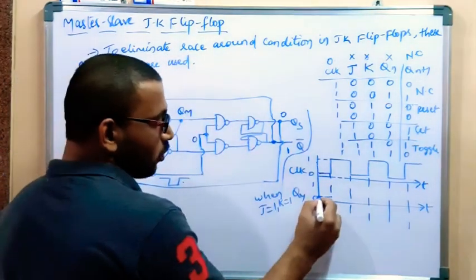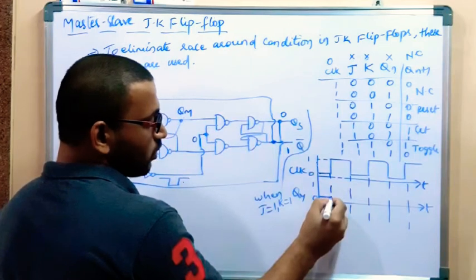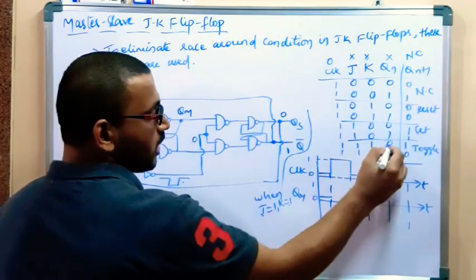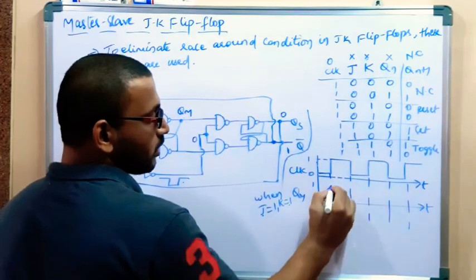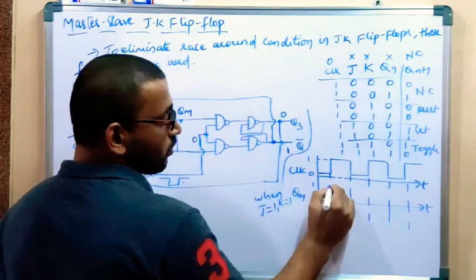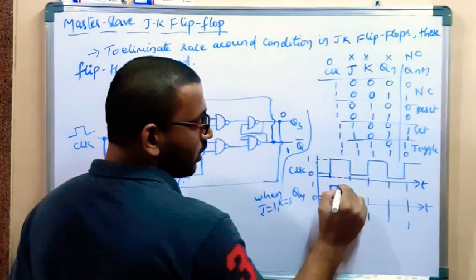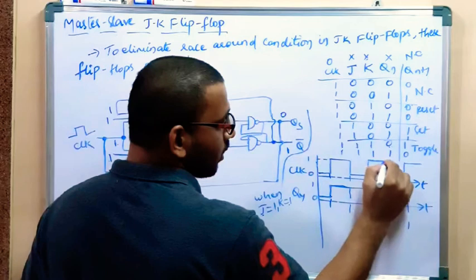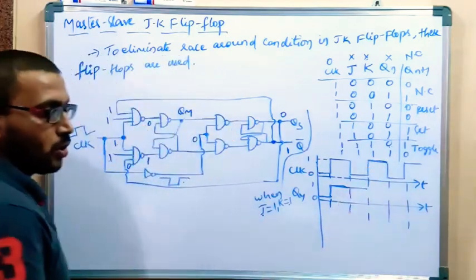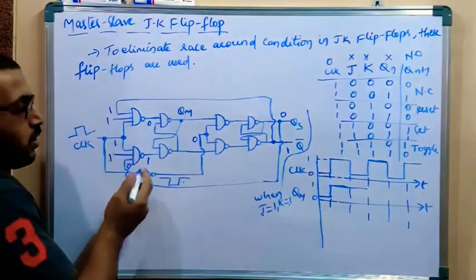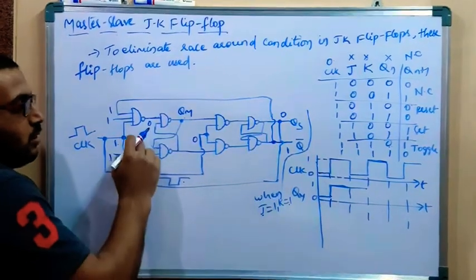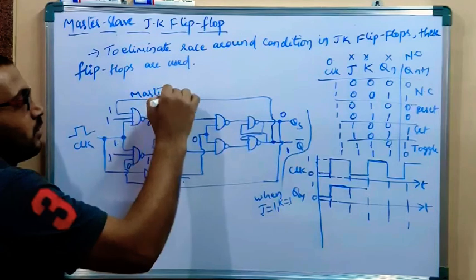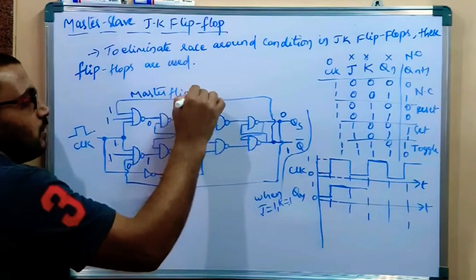So when the past output is 0, when both inputs are 1 1, past output is 0, what is the next state? 1, and it will remain 1 till the next positive level of the clock pulse. So for negative level of the clock pulse, this master flip-flop acts as, where is this?